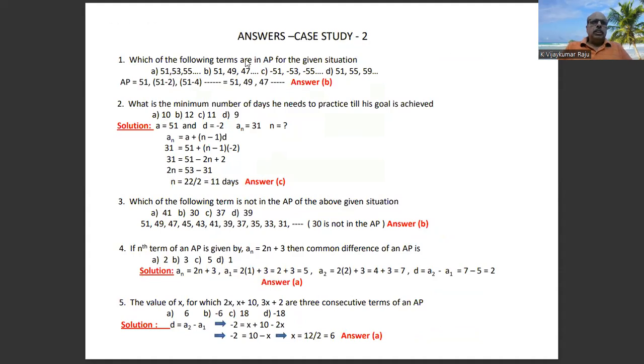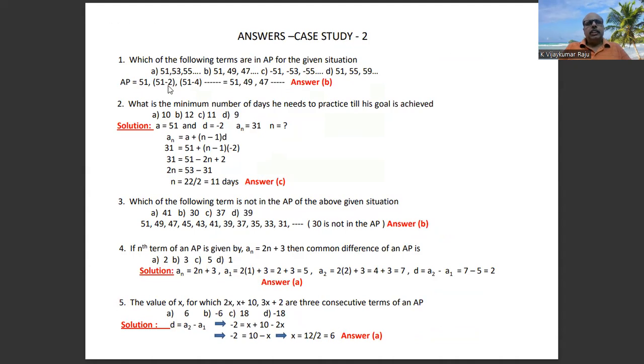Which of the following terms are in AP for the given situation? Now what is the situation? In the beginning, he starts with 51 seconds. So let's take the first term as 51. Next day, he is able to reduce by 2 seconds, and that means the second day it is 51 minus 2.